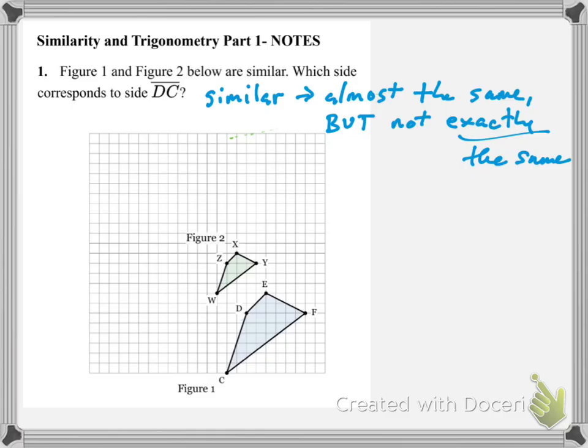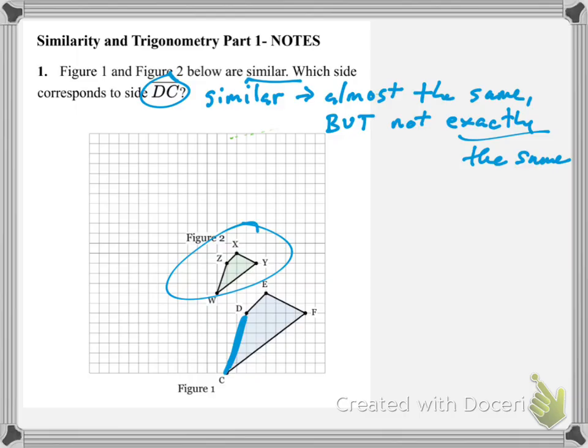It says here, figure 1 and figure 2 below are similar. Which side corresponds to side DC? So here's DC. What we're looking for in this shape is which side corresponds, which side is in the same place as DC?